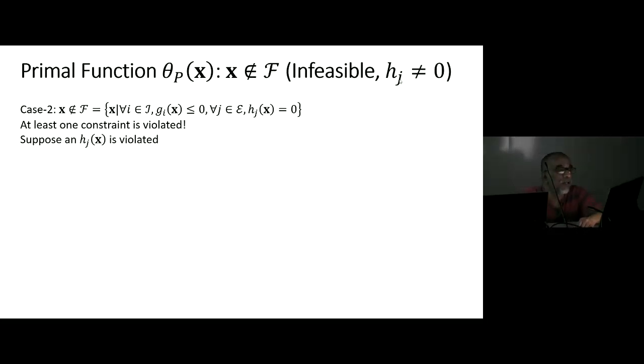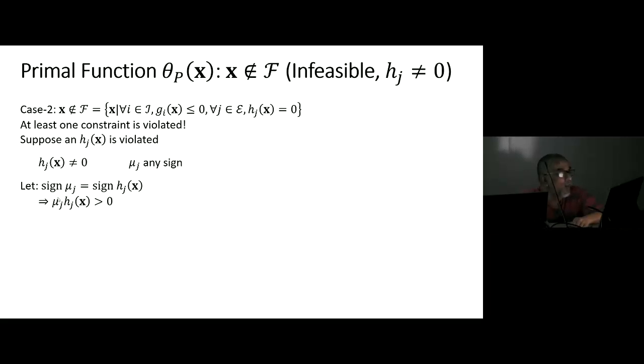So suppose an H j is violated. In other words, it's an equality constraint. Violating this equality constraint implies that this equality doesn't hold. So H j can be positive or negative. It's just not 0. So H j is not equal to 0, and mu j, remember, can be of any sign. It can be plus or minus.